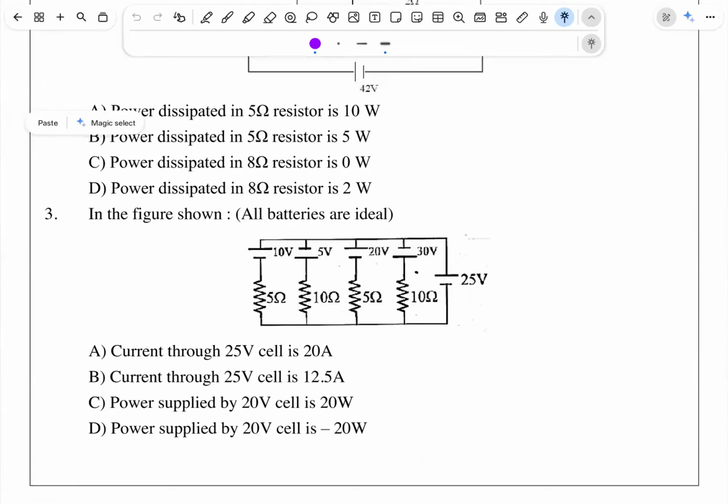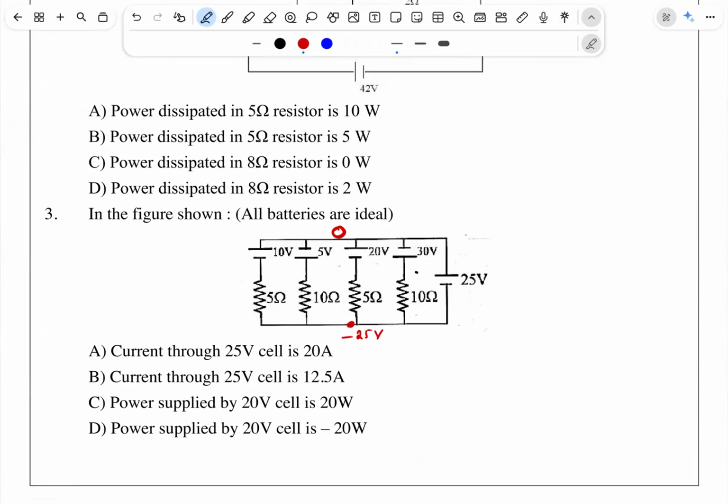Current through 25-volt cell is. See, there is nothing that you will do wrong in this actually. Frankly speaking, if you put this as 0 volt, the entire line becomes minus 25 volt.